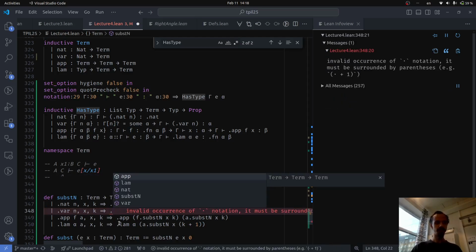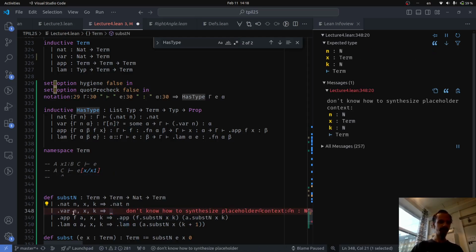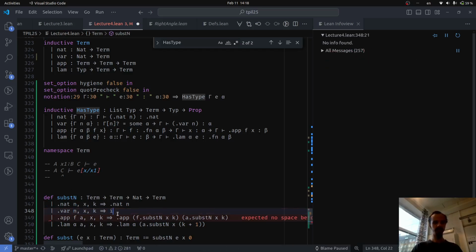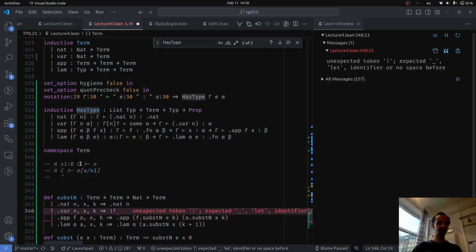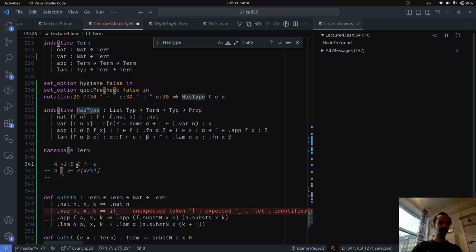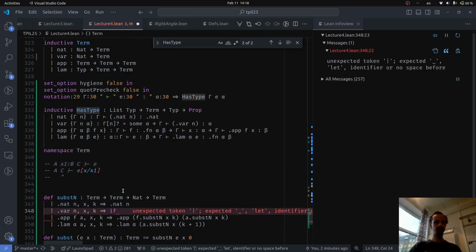So in order to do that, we have to check which variable it is. If the variable is the C here, then we don't replace it. If the variable is A, then we decrease its number by 1. And if the variable is exactly this value here, then we replace it.